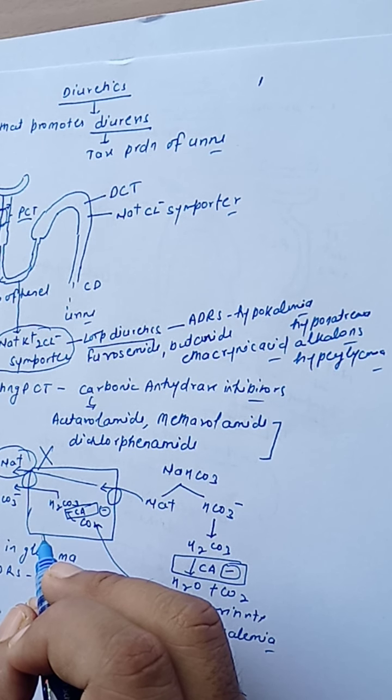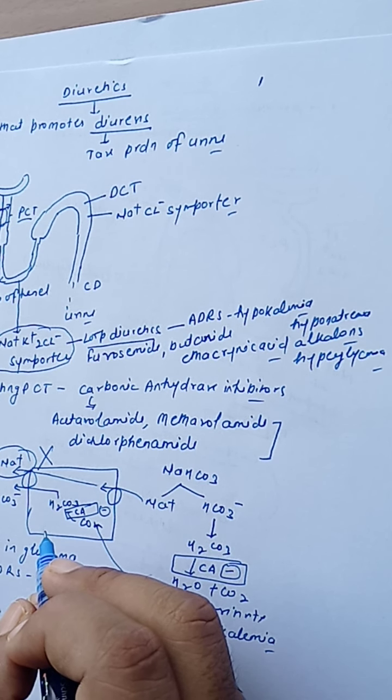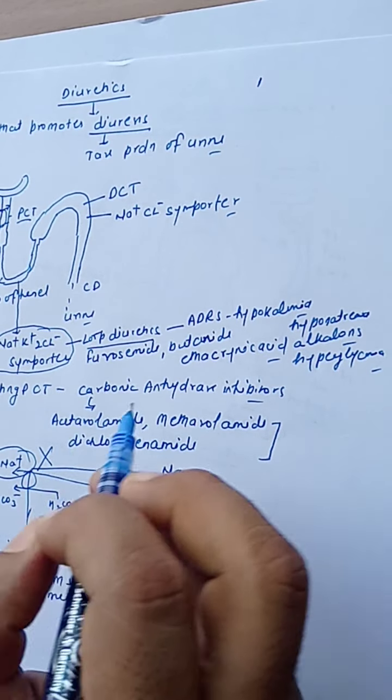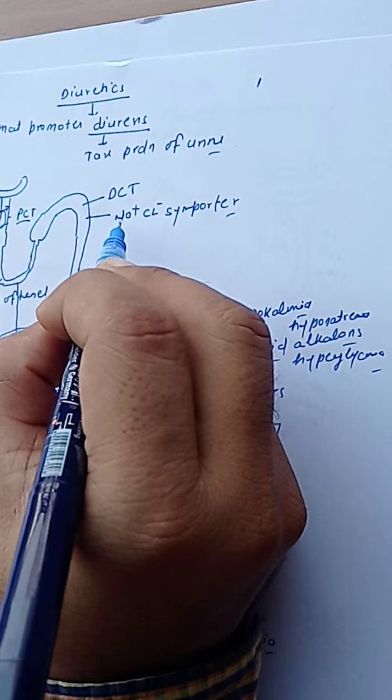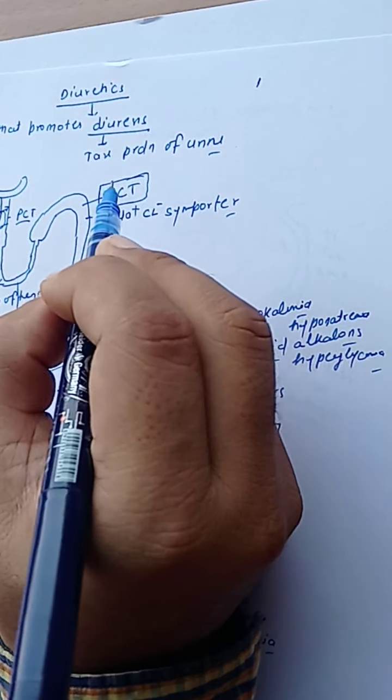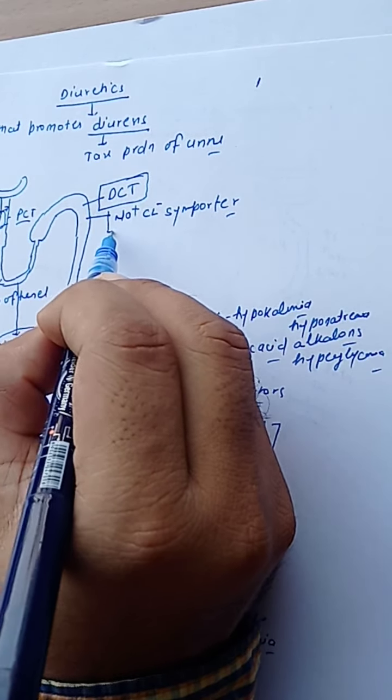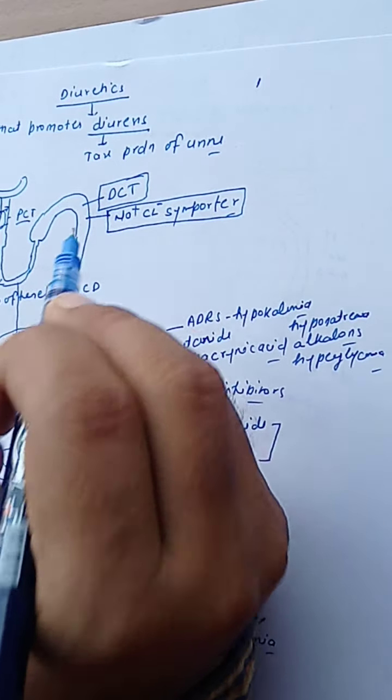Other agents under the category of diuretics are the drugs which act on the distal convoluted tubule, where there is a sodium and chloride transporter system.